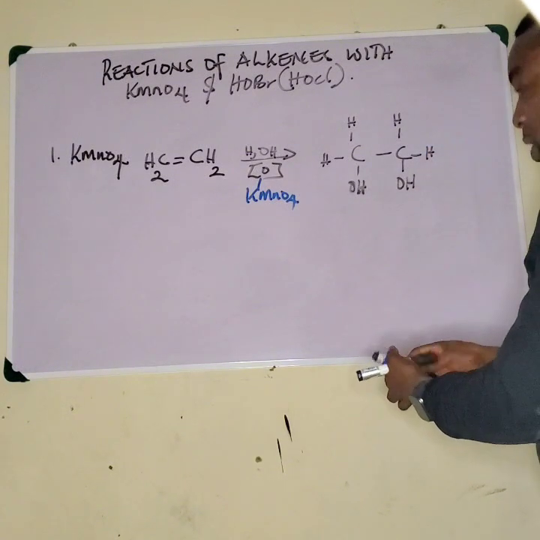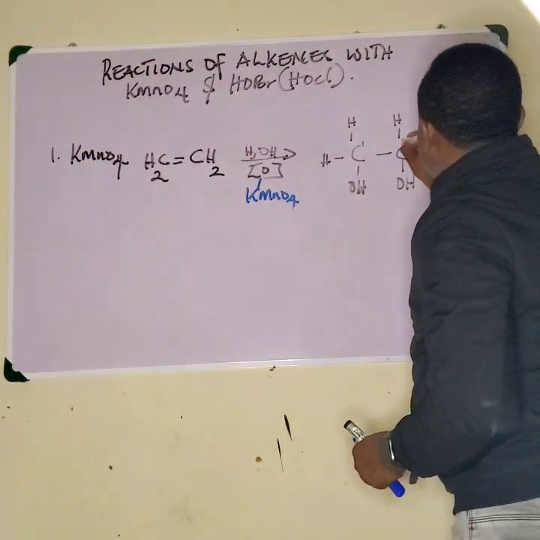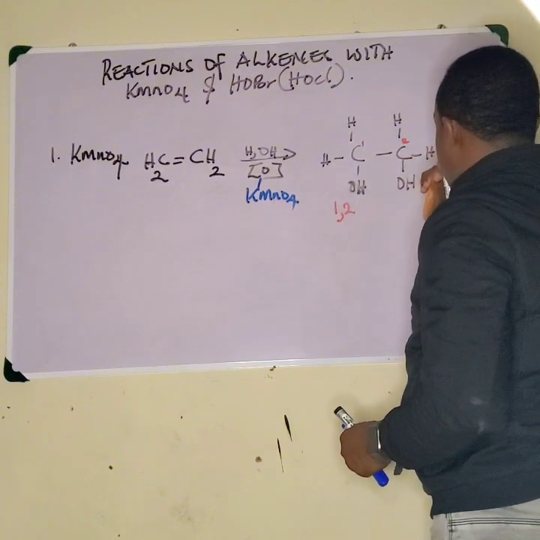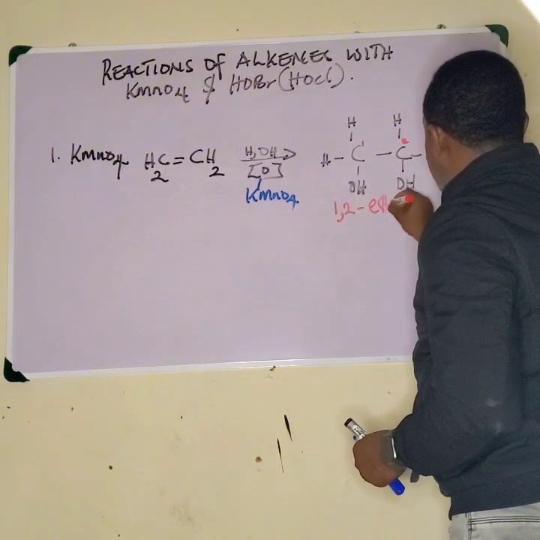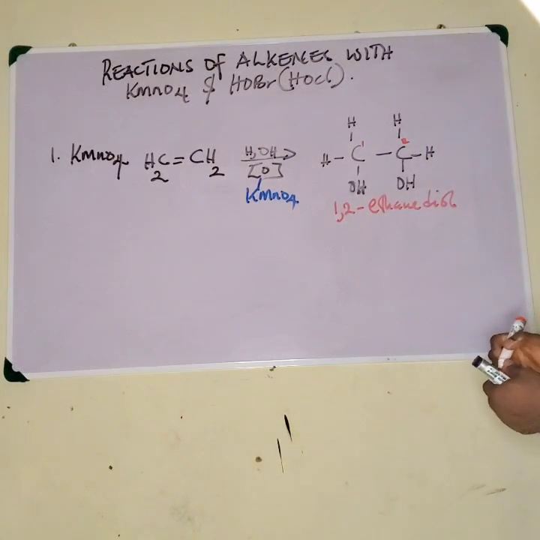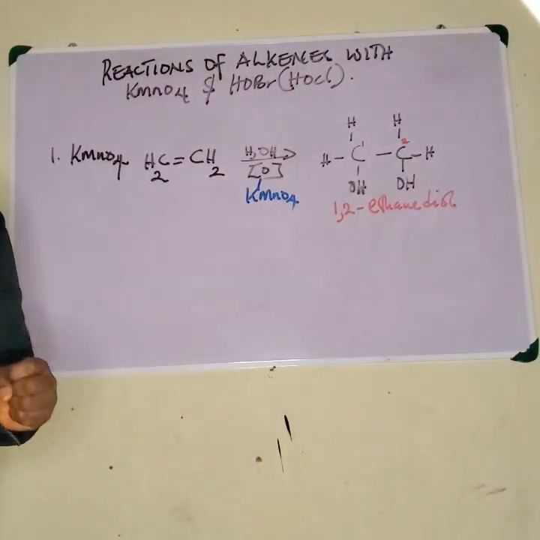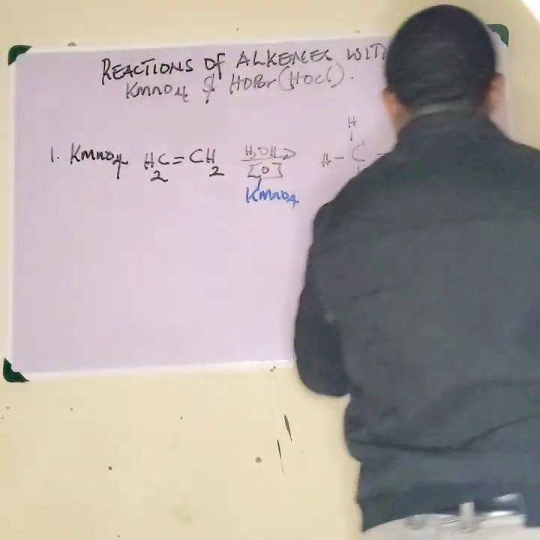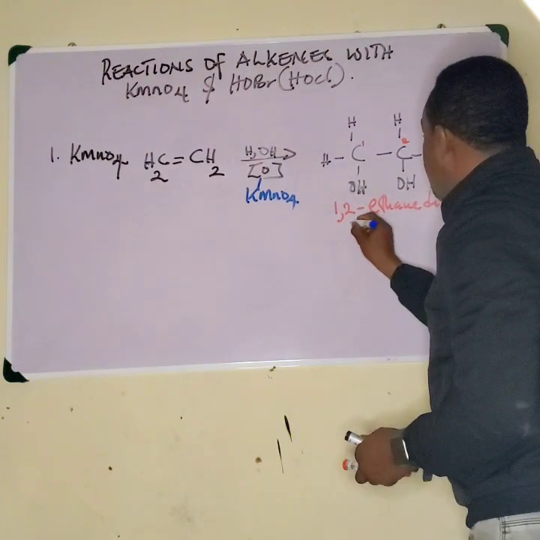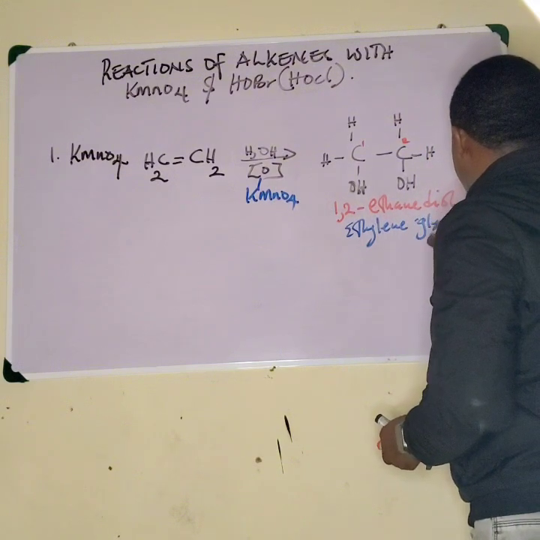And if you are asked to name this product of the reaction, you can say this is 1,2-ethanediol. But another common name for ethene is ethylene. So this compound is also known as ethylene glycol.